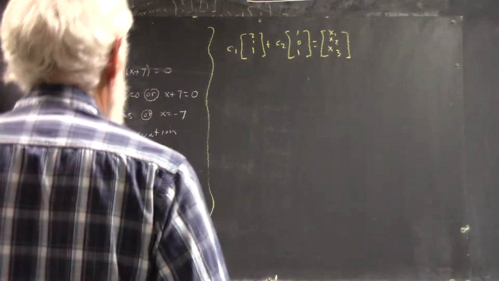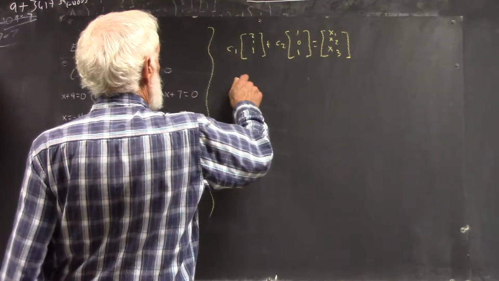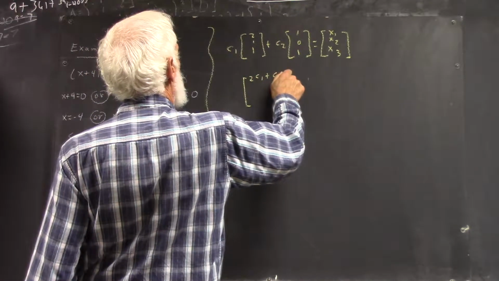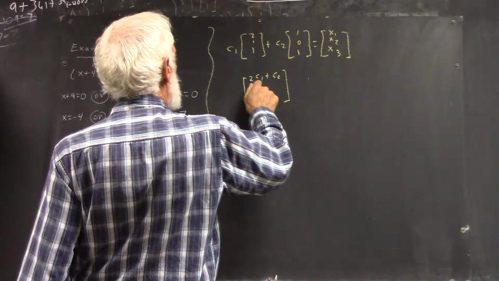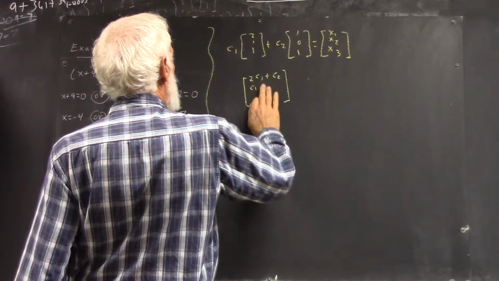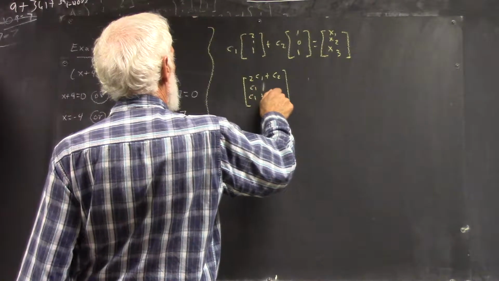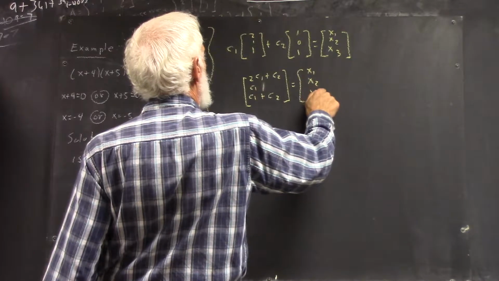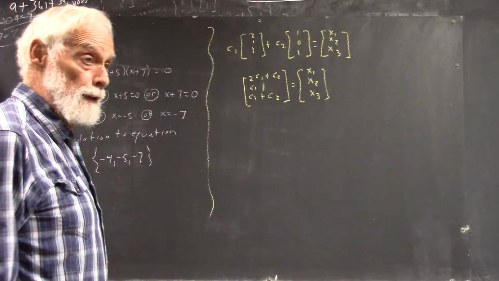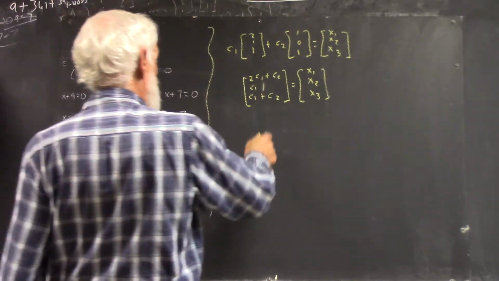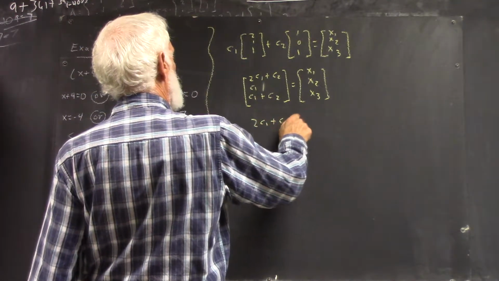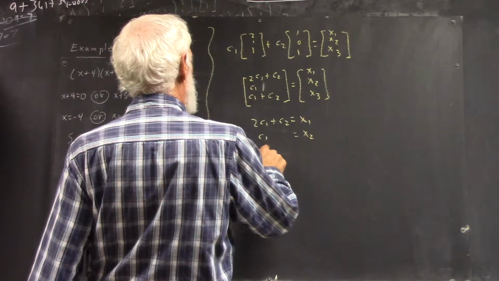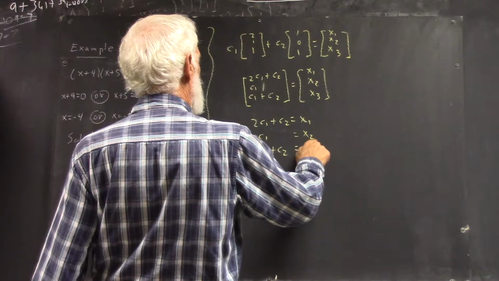Okay, so what do we have? First of all, this tells me this, right, which is equivalent to the system 2C1 plus C2 equals X1, C1 equals X2, C1 plus C2 equals X3.